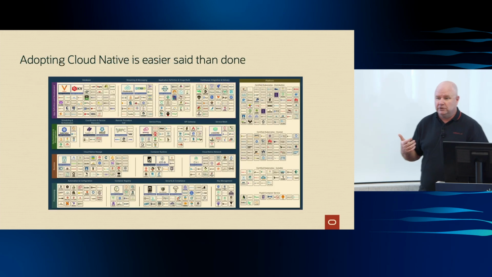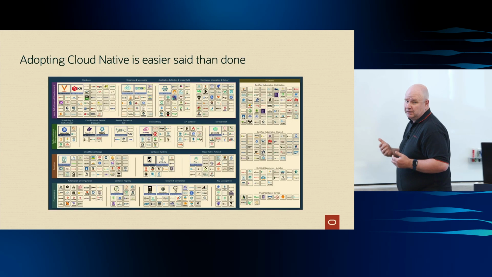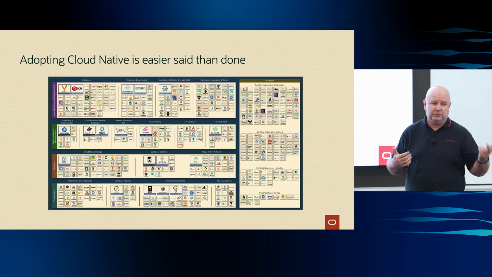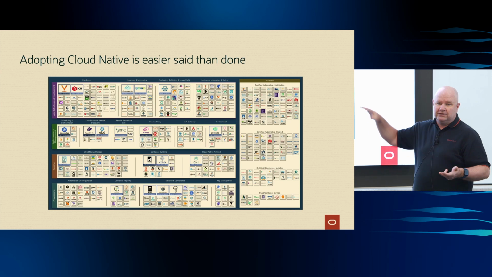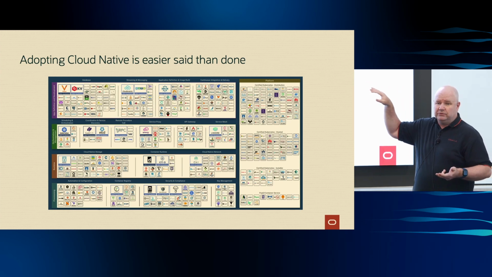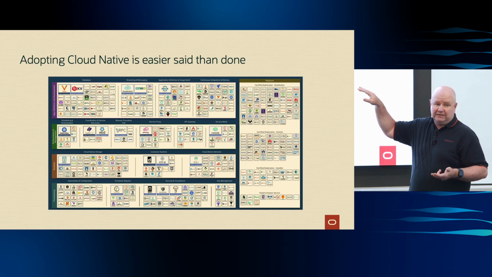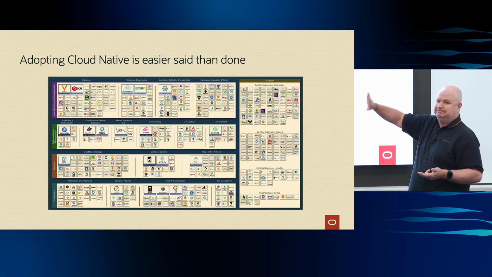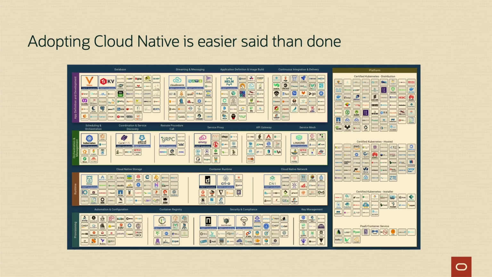If you look at the CNCF, the Cloud Native Computing Foundation site, and you try to list the different projects that are supposed to help you or to automate different aspects of managing your cloud-native projects, you get hundreds of different open source technologies.